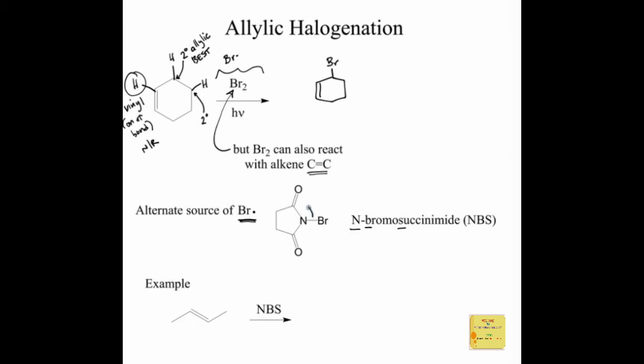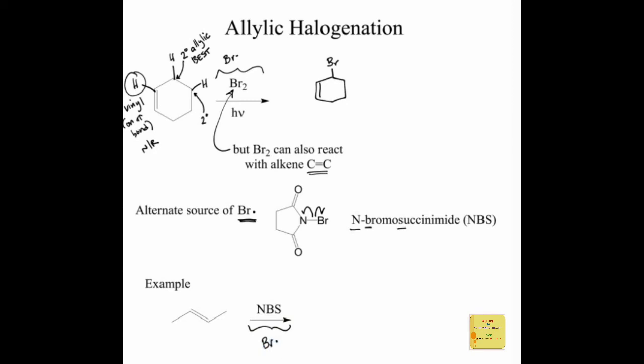You can imagine this also being a source of Br dot, a source of bromine radicals. The mechanism is a little more complicated than just this, but do know that if you ever see NBS as one of your reaction conditions, you can take a look at that and know that we have bromine dot.